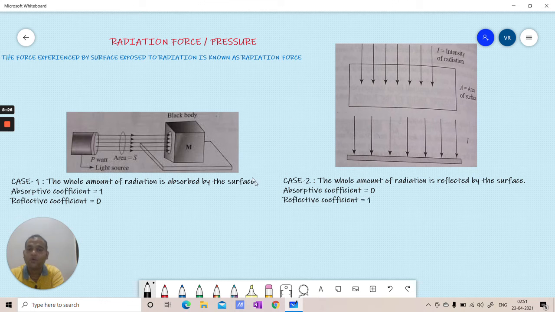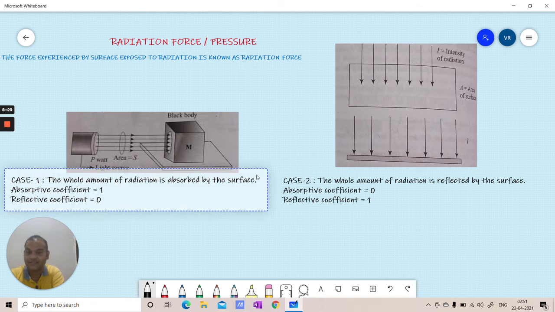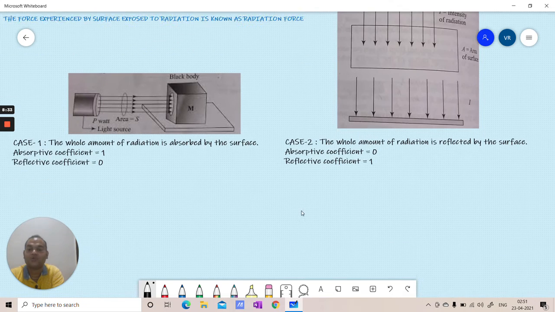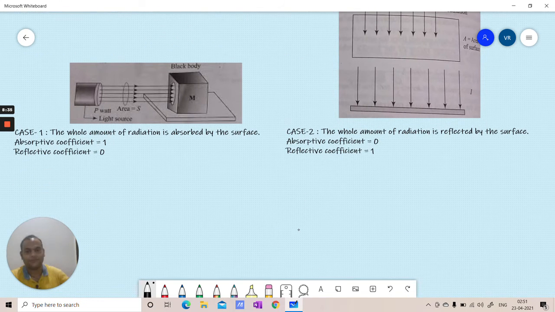Now one very important thing which we need to remember to understand how all these things happen is Newton's second law. Force is equal to the rate of change of momentum, force is equal to dP by dt.